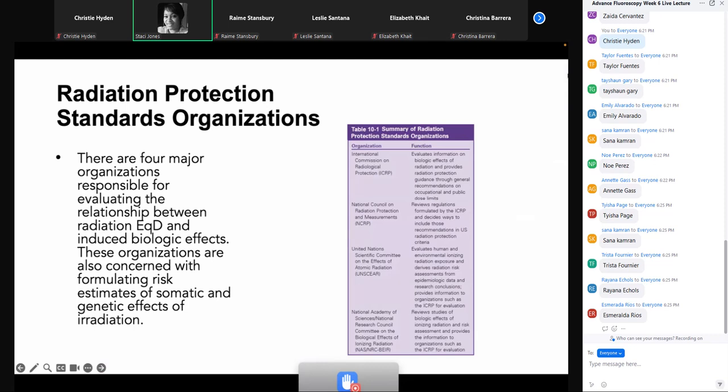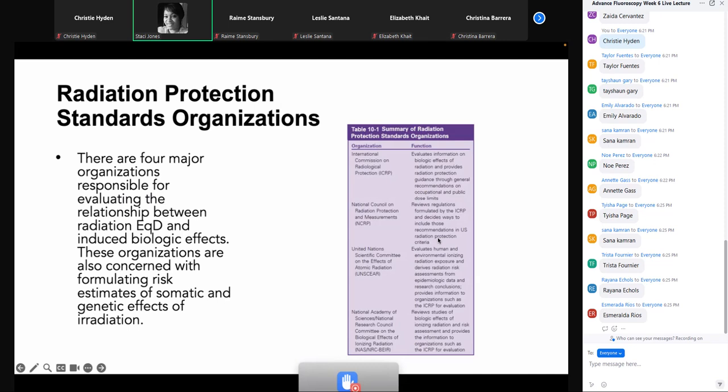So here is a summary of the organizations that we're going to talk about: the International Commission on Radiological Protection, the ICRP; the National Council on Radiation Protection and Measurement, the NCRP; the United Nations Scientific Committee on the Effects of Atomic Radiation, UNSCEAR; and the National Academy of Science, National Research Council Committee on the Biological Effects of Ionizing Radiation, NAS NRC BEIR. This gives you a brief summary of their function.